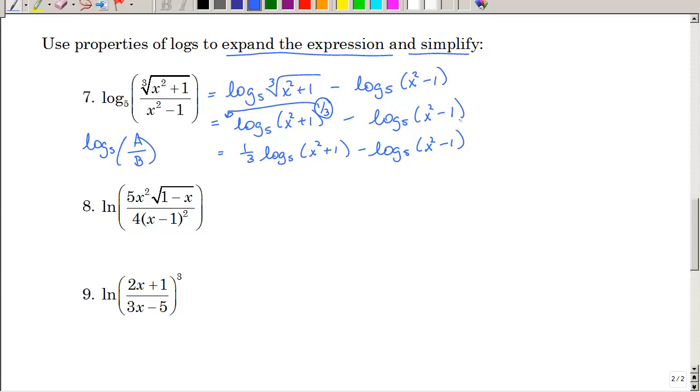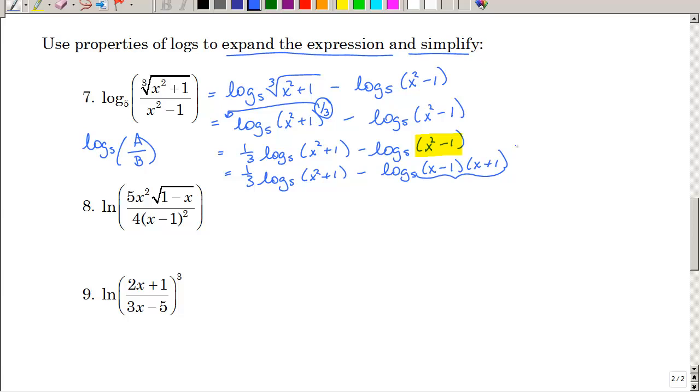And could we go further? Well, I would say yes, you can, but it'd be kind of tricky in that you would have to notice that you could actually factor that expression. So if I factored that expression, I would have log base 5 of x minus 1 times x plus 1.